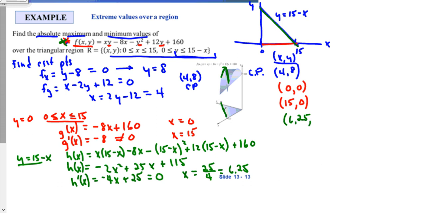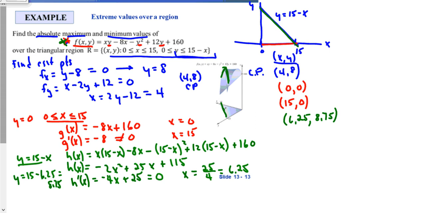I need to figure out what the y value is for that x. So if I use x equals 6.25, I get that 15 minus 6.25 is 8.75. Okay, and now let's look at the endpoints of this.